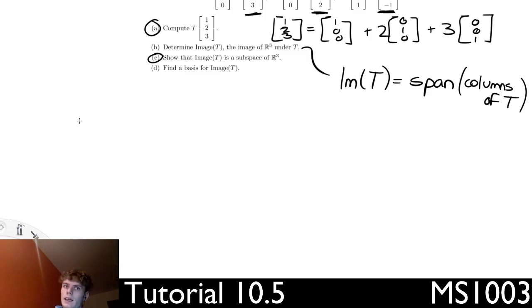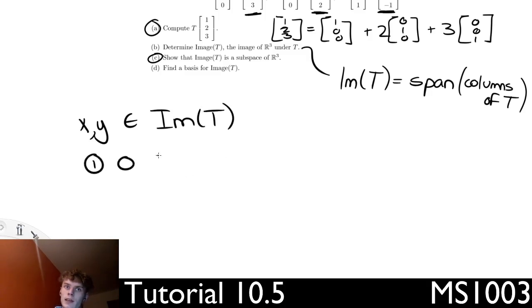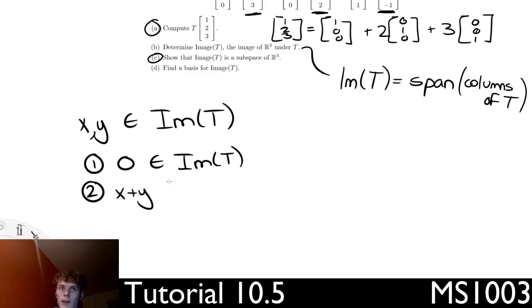If I take an x and a y in the image of T, I need to check three things. I need to check that 0 is in the image, right? For it to be a subspace, it has to have 0. I need to check that x plus y is in the image for any x and y.